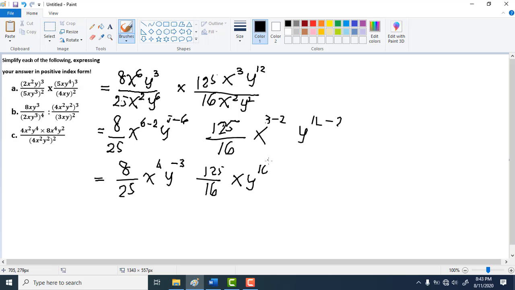Next, we write the number in front of the variable: 8 divided by 25 times 125 divided by 16, and then x to the power of 4 times x to the power of 1.